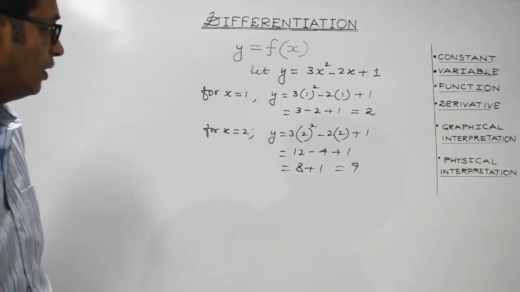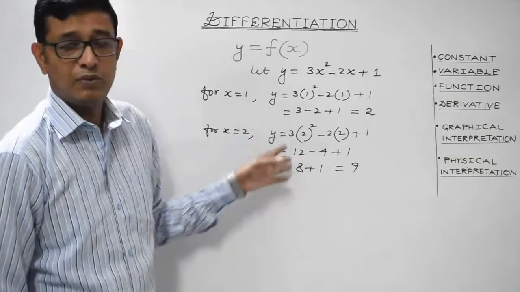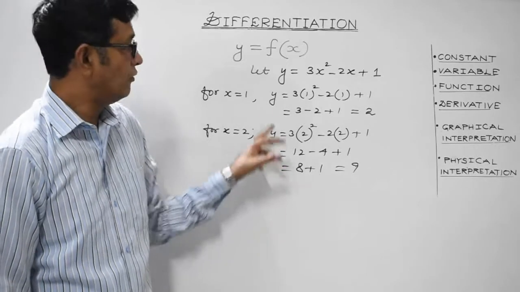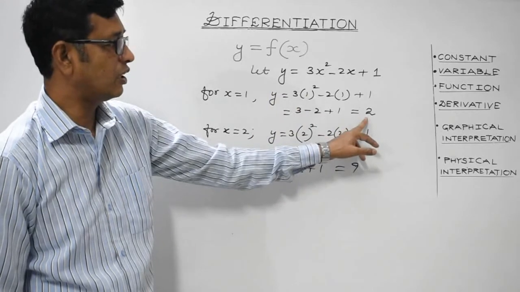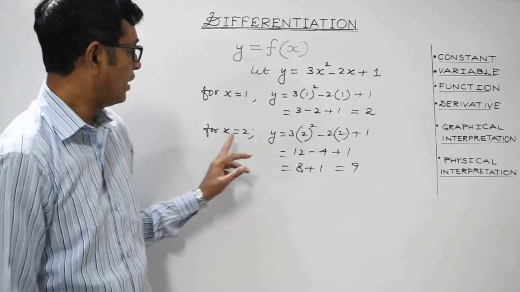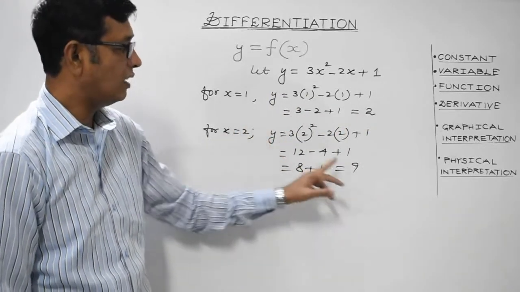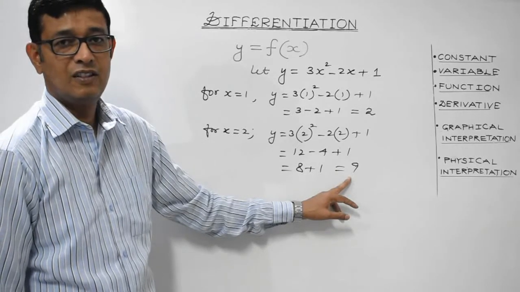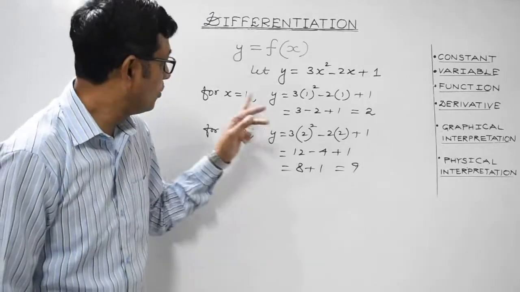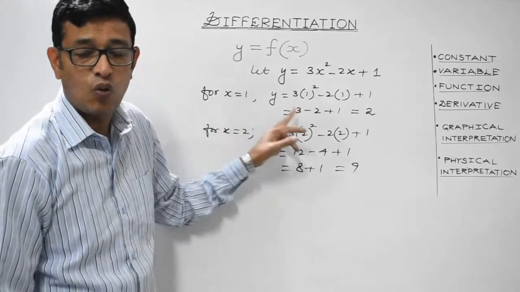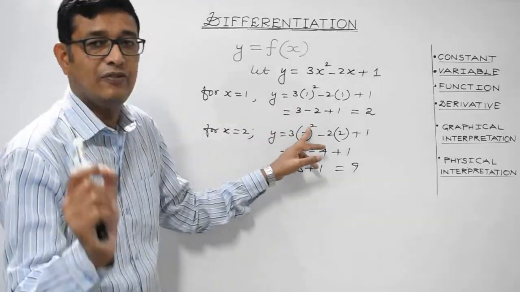Now look at these examples. For x equals to 1, y has got a definite particular value of 2. For x equals to 2, the value of y is 9. So therefore, x can attain any value, but corresponding to a particular given value of x, y will have a definite value.